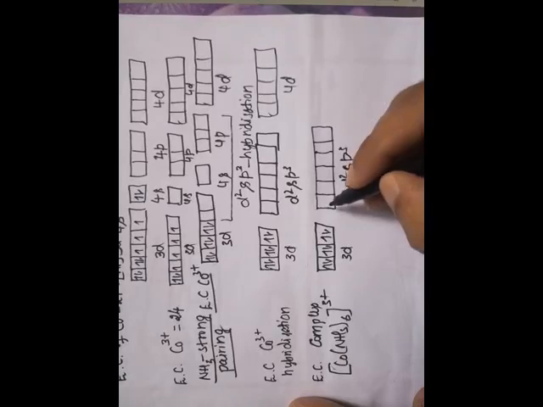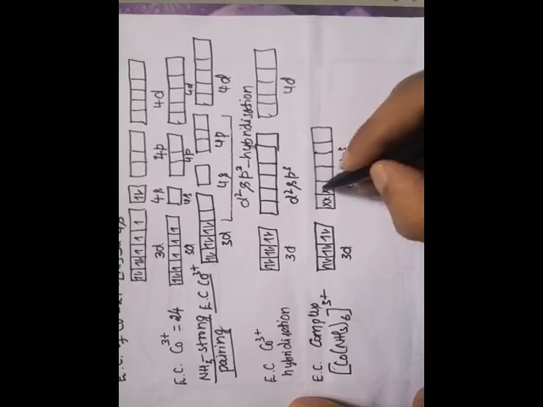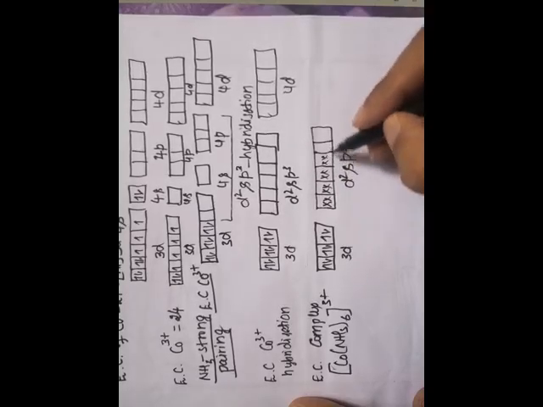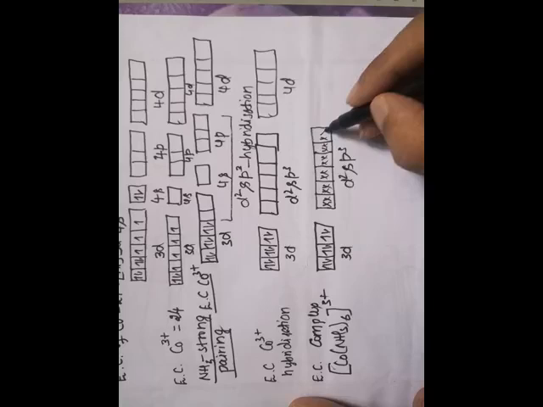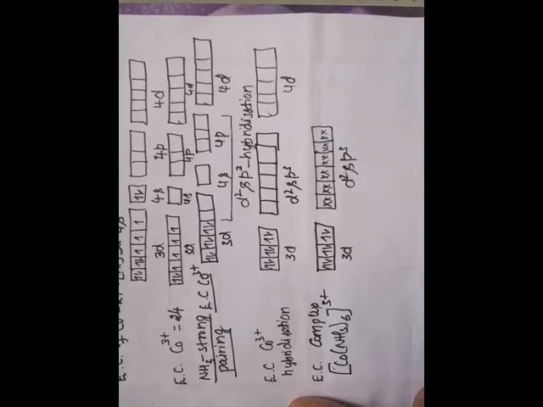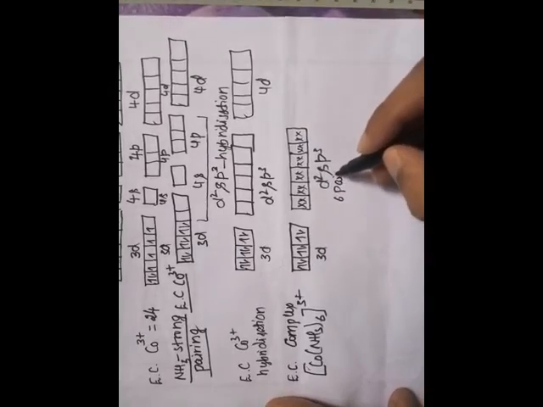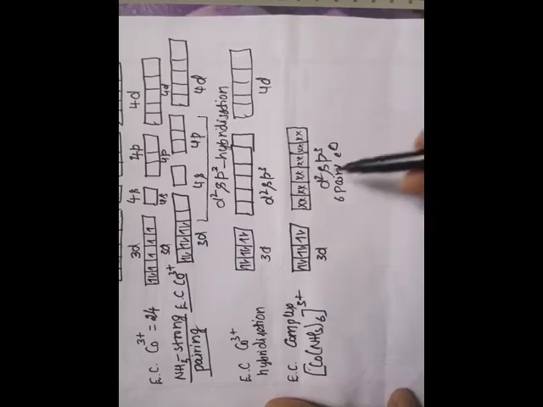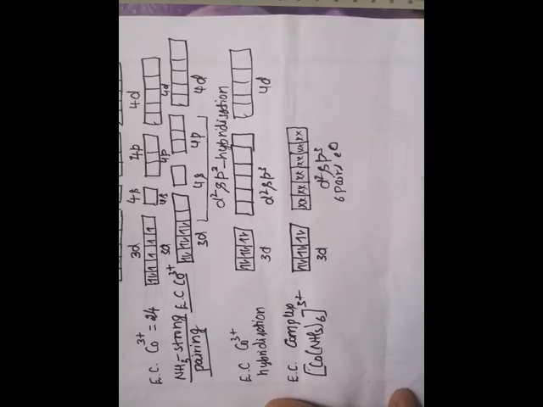The electrons donated by the ligands will occupy these 6 hybrid orbitals, so 6 pairs of electrons will occupy the d2sp3 hybrid orbitals.